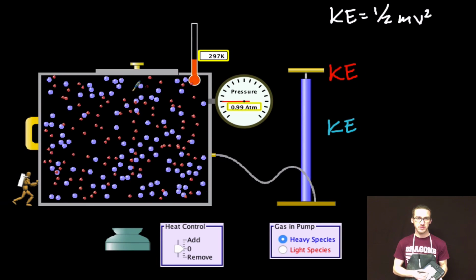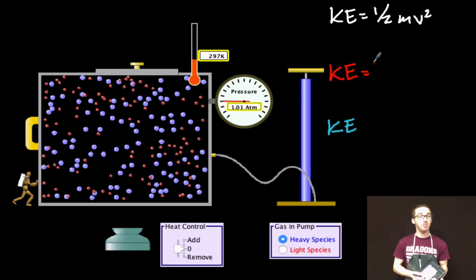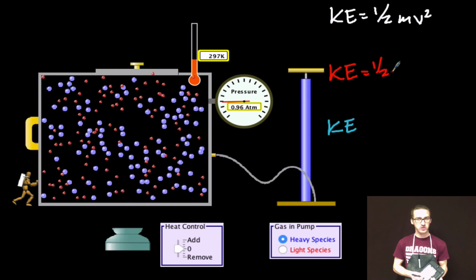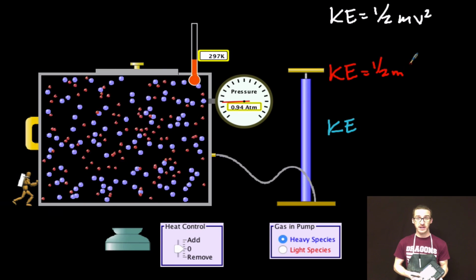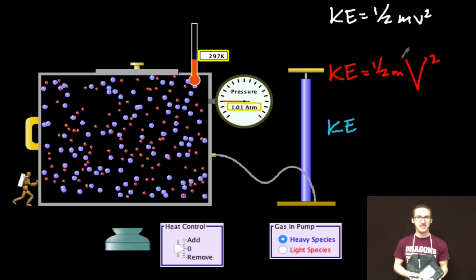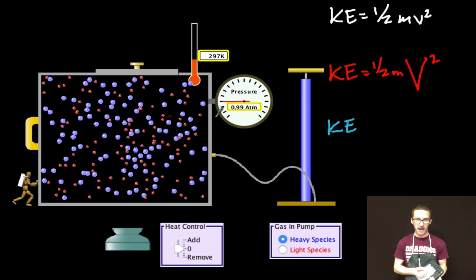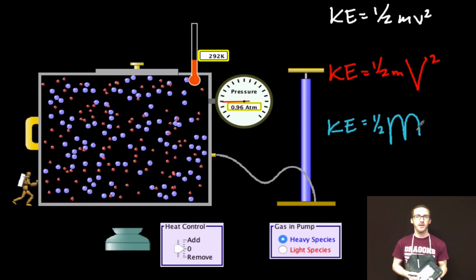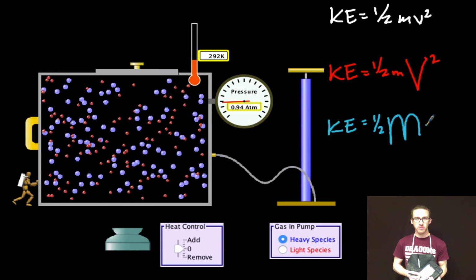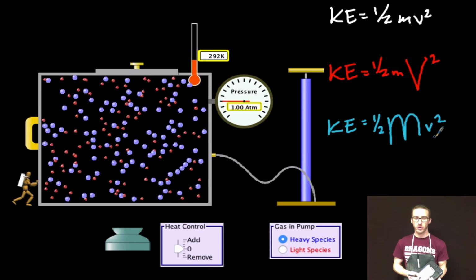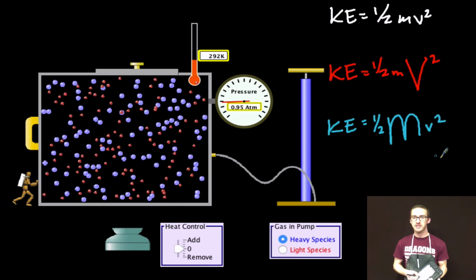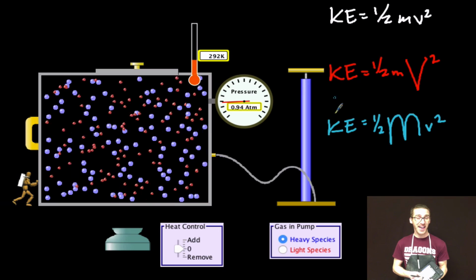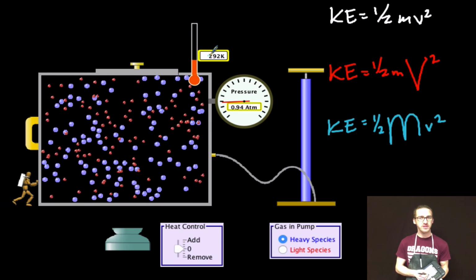So I'm going to write out KE two times with about the same magnitude, or same size. Carefully examine this simulation. The red smaller gas, so small m value, is traveling faster. Higher velocity, higher average speed. Check them out, flying around there pretty quickly. The larger blue gas is traveling more slowly. A slower velocity, a slower average speed. It's important to note that they have the same average kinetic energy because they're at the same temperature.